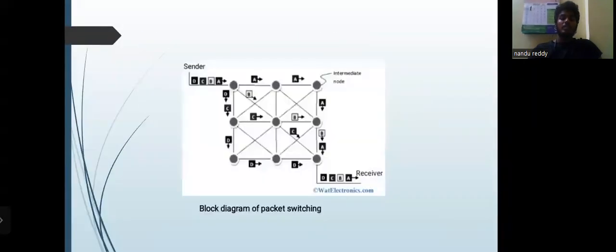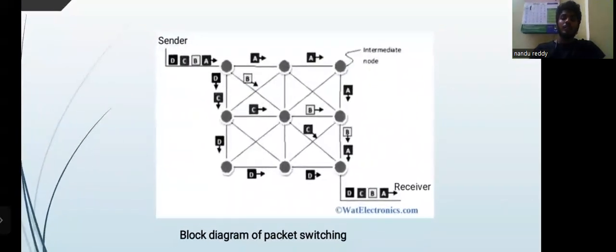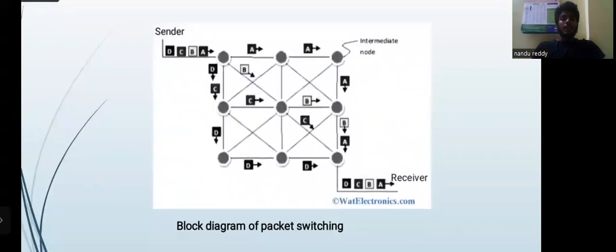This is a block diagram of packet switching. Here the sender is sending the data in the format A, B, C, D, and all these are intermediate nodes.